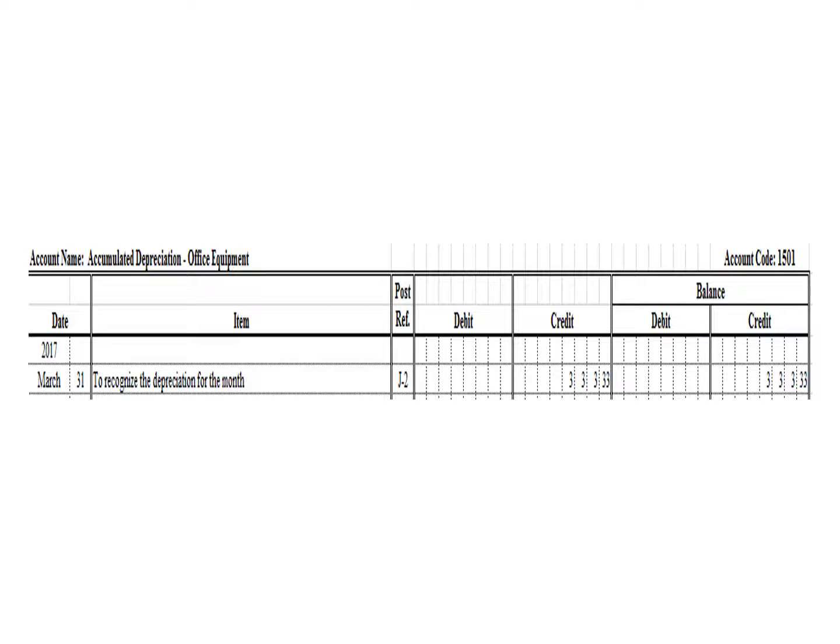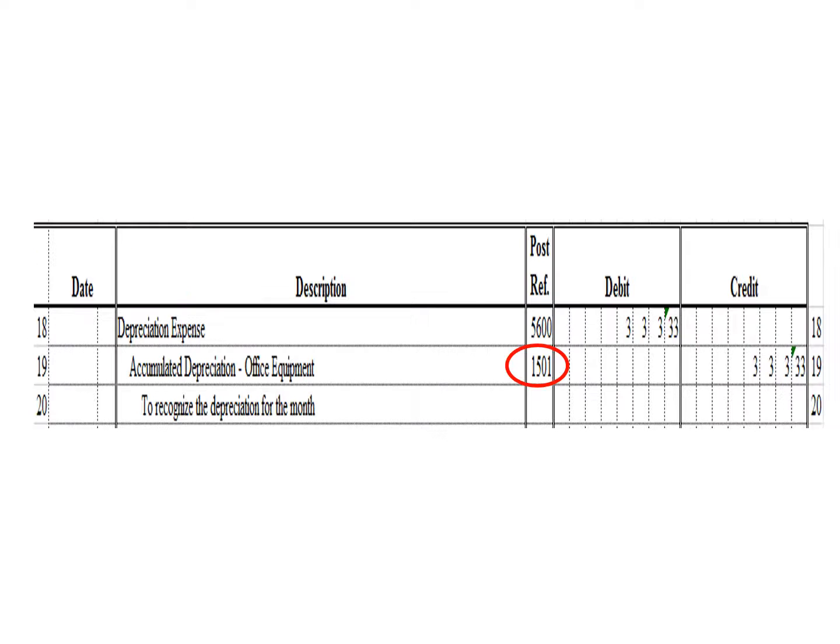Under the credit column, we write 333 pesos and 33 centavos. In the balance section under the credit column, we write the same amount, 333 pesos and 33 centavos. After posting the credit entry, we write the posting reference, 1501, the account code for accumulated depreciation of office equipment.